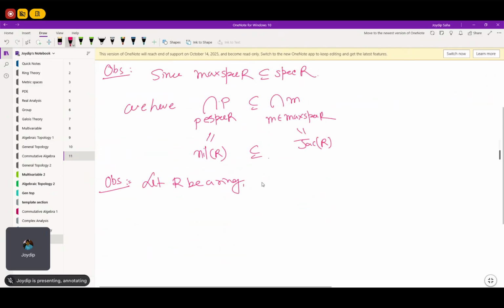Then the units of R equals R minus the union of M, M belongs to Max Spec R. So the complement of the union of maximal ideals is the units of R. Okay.